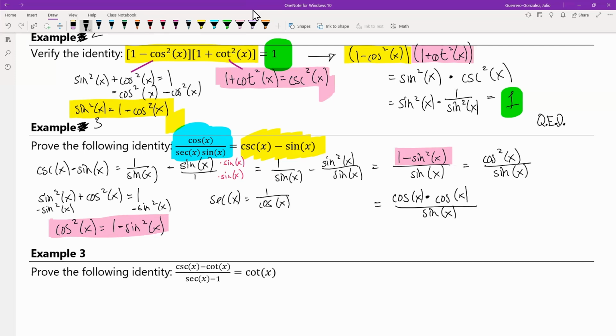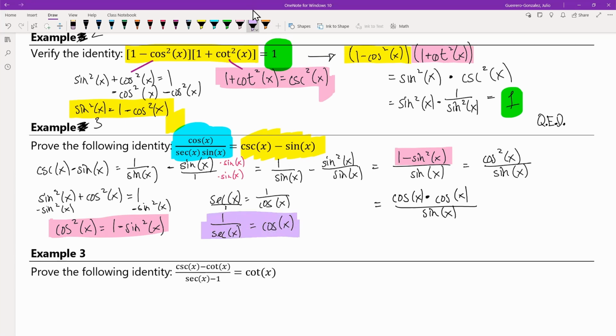This is one of our identities. So then I can say now, 1 over secant of x is equal to cosine of x. And if you need to, work it out. If you put a 1 down there and multiply everything out, this is the next identity that we're going to get.